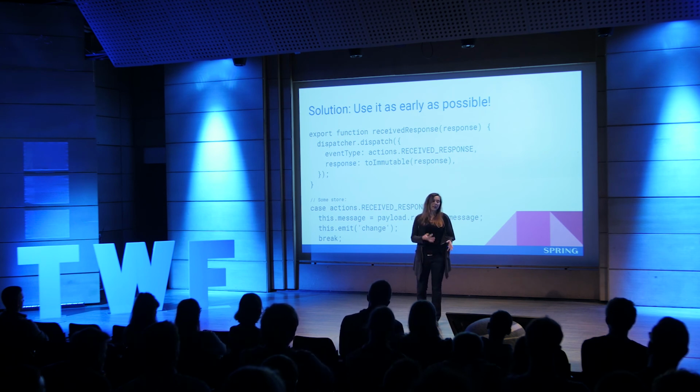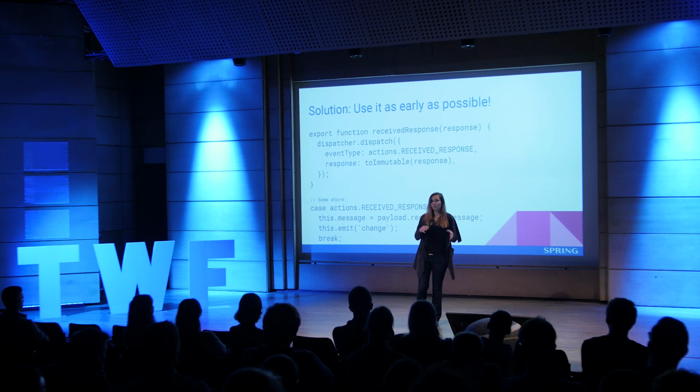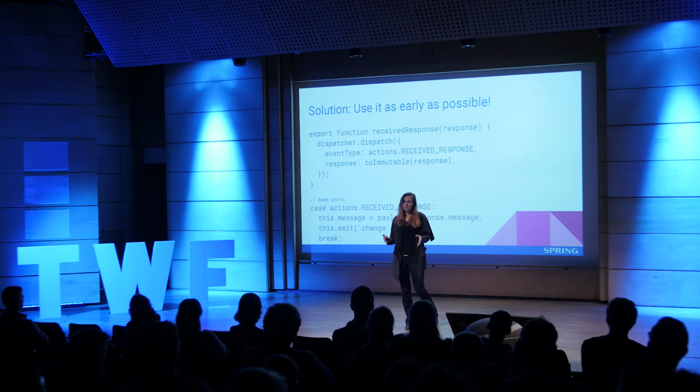So as soon as you get the response from the server, you create the immutable object out of the payload, and then you can distribute this immutable object. Now, whatever the store does with the data it received, you are sure it doesn't affect the state of any other component in the system.